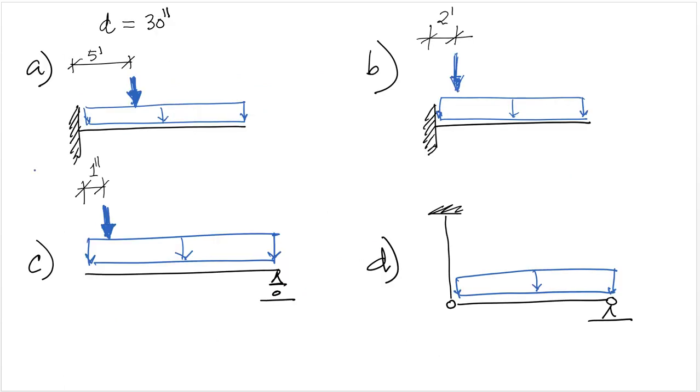A couple of cases here for you to think about. So let's say we have a beam that has a depth of 30 inches, so d is 30 inches. Say it's in cantilever, the load is applied on the top of the member, and it has a point load located 5 feet away from the support. In that case, where would the critical section be?